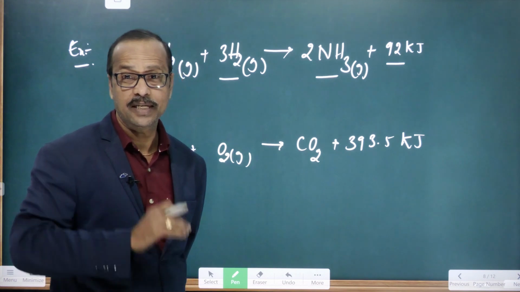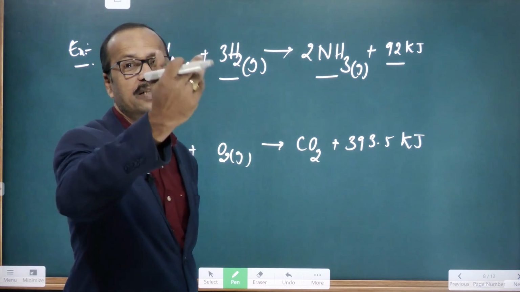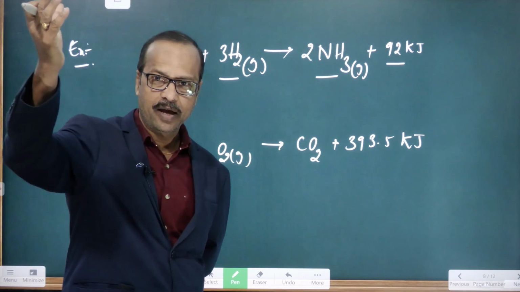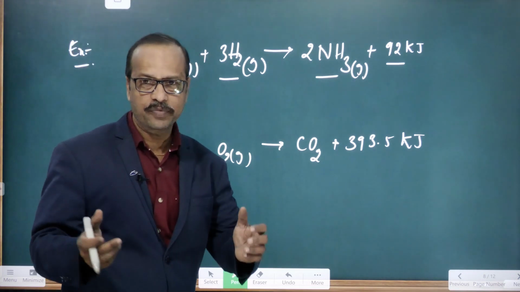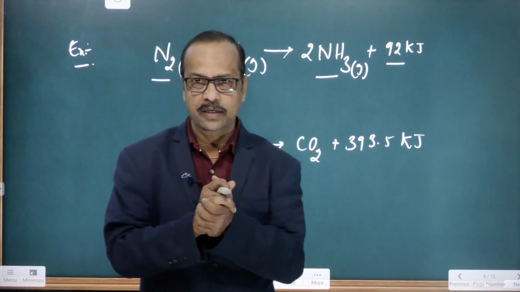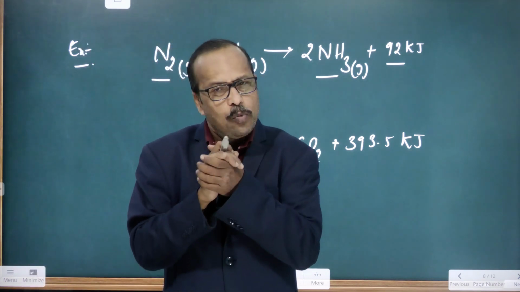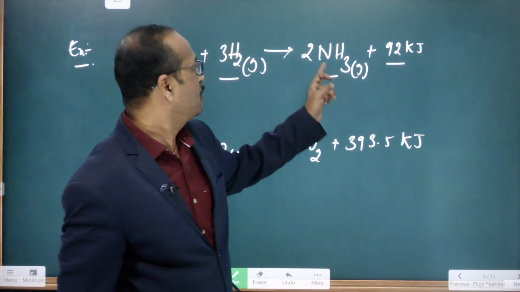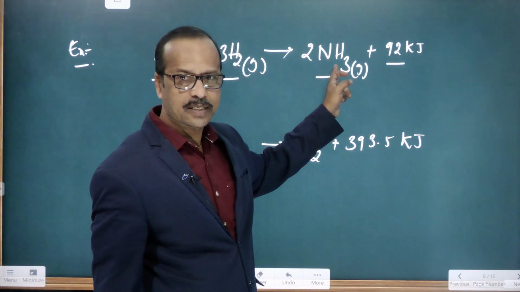How much energy is it releasing? 92 kilojoules. That means the heat is going away. We take nitrogen, we take hydrogen, we mix them, and they form ammonia, and as ammonia forms, heat goes away. We get one product called ammonia. Is this clear to you?